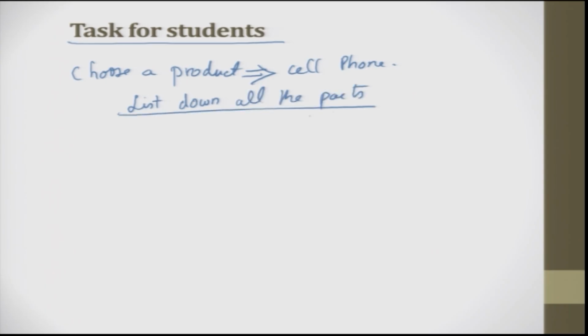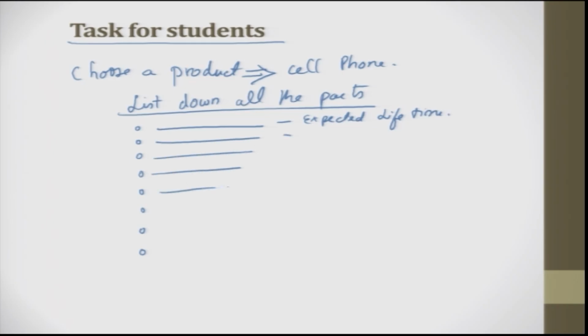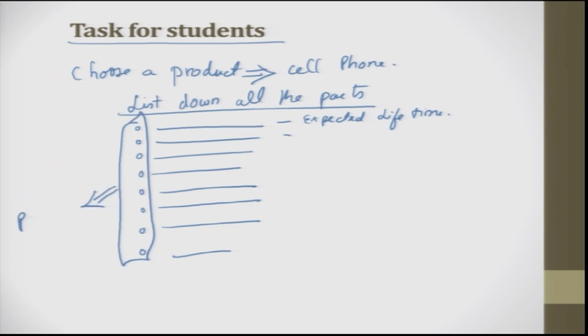List down all the parts, 1, 2, 3, 4, whatever it is, and then try to write down their expected lifetime. Try to write the expected lifetime for maybe 10 of these. So, these are all parts of a cell phone. Here you are writing the name and then the expected lifetime.